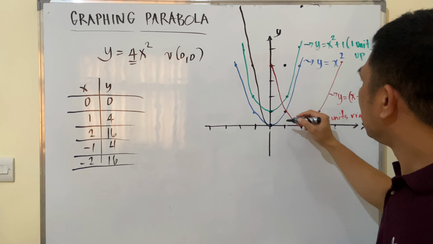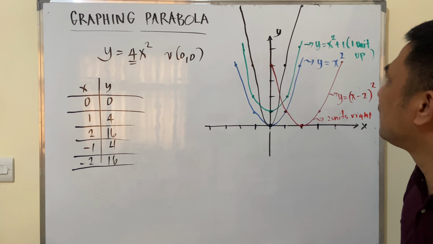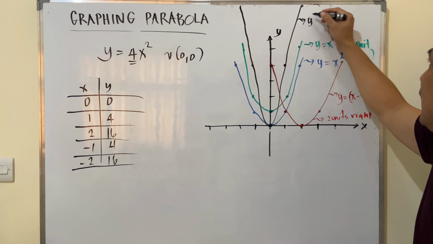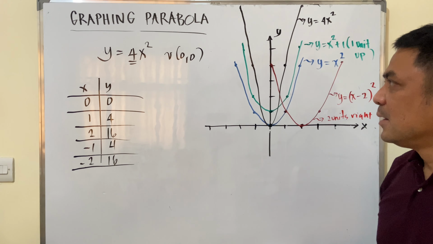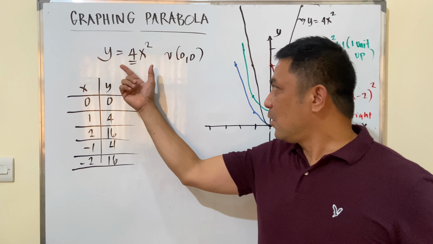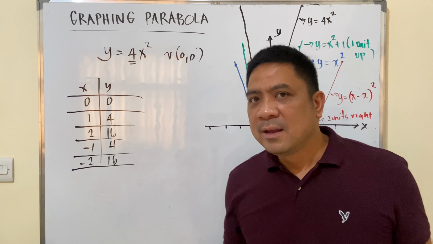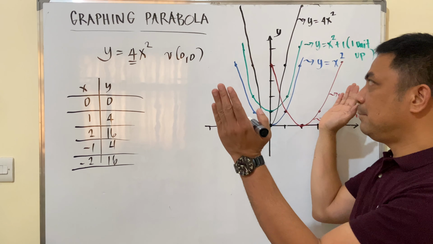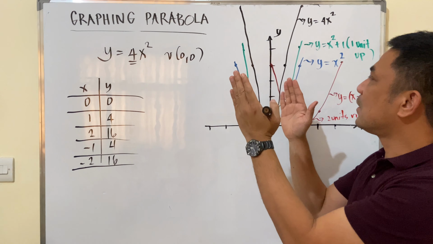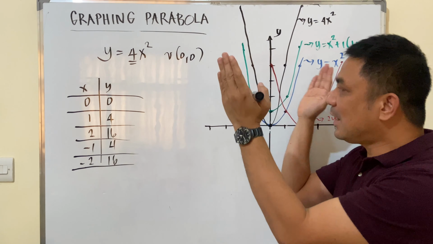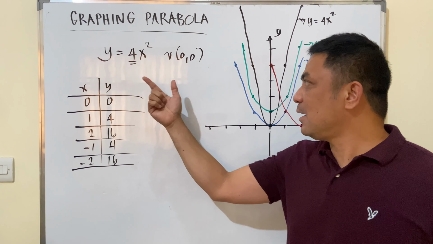Sorry for the graph, but I just want to point out something here. This is y is equal to 4x². So the greater the coefficient here, the narrower your graph gets. This is how the coefficient affects your graph.